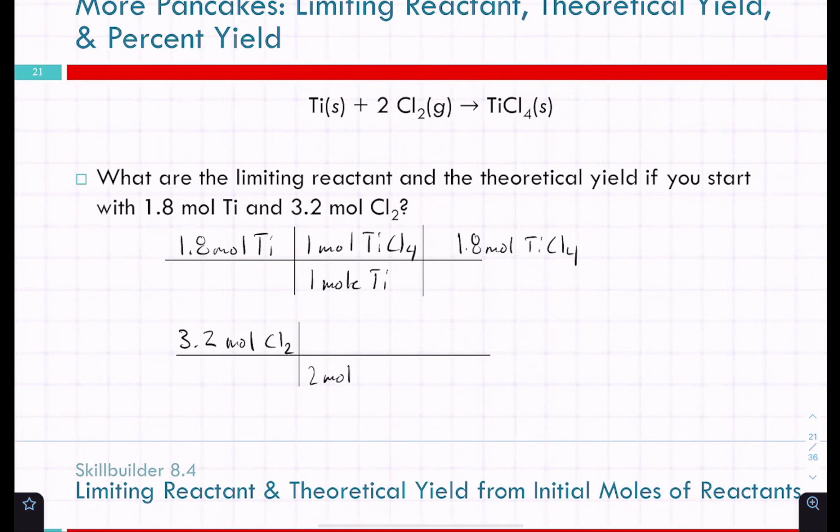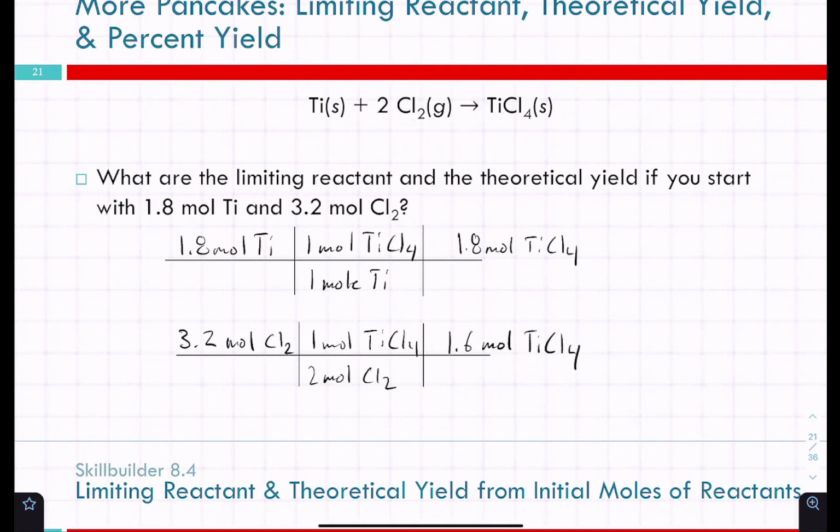So 2 moles chlorine, 1 mole titanium chloride. Nice straight line. So we take our 3.2 and divide it by 2, and that'll give us 1.6 moles of titanium chloride.